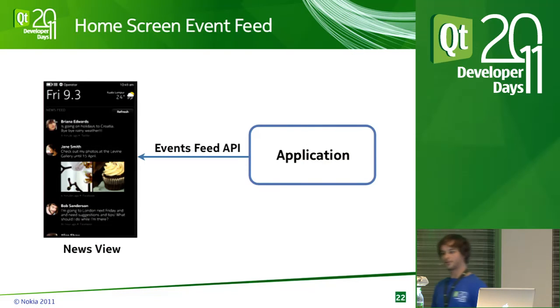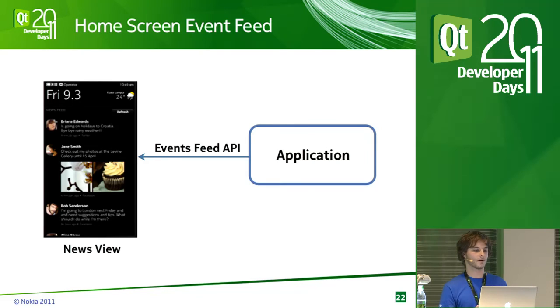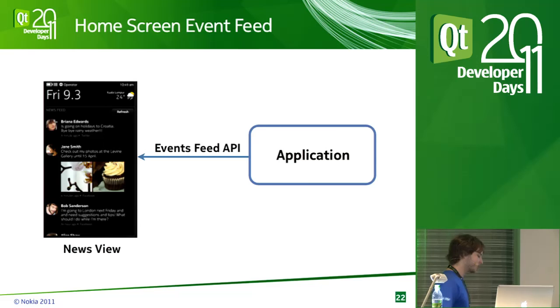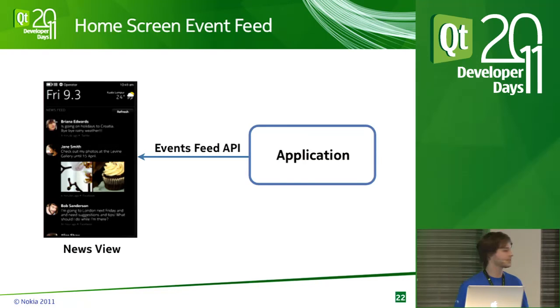So another cool thing you can do, as you maybe know, the N9 has 3 home screens. The first one is the event feed screen. Then in addition, you have the application home screen and the open application home screen. So there's an API to actually send your data to that home screen.